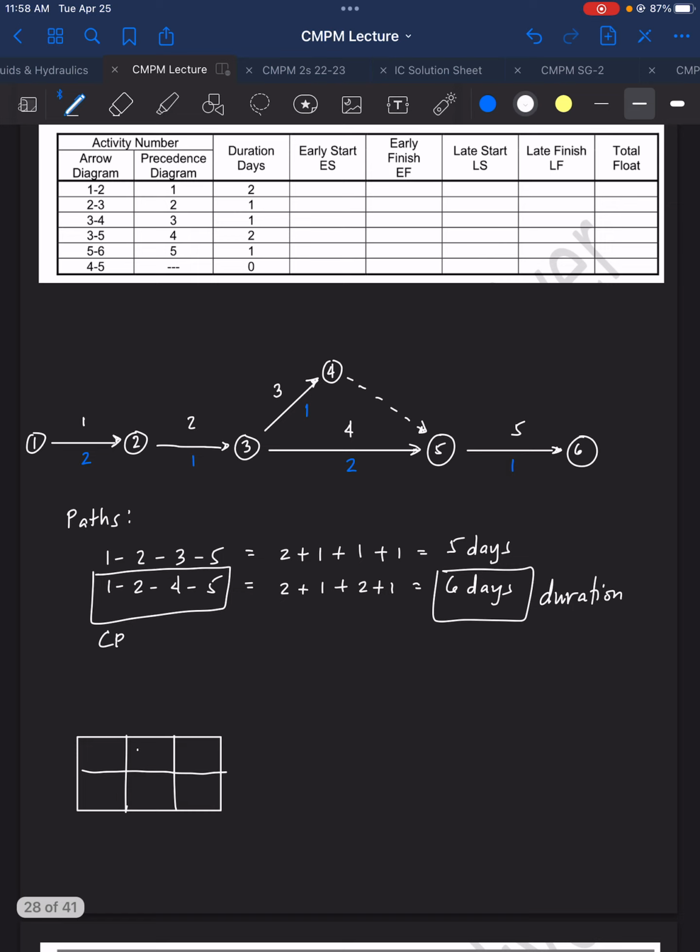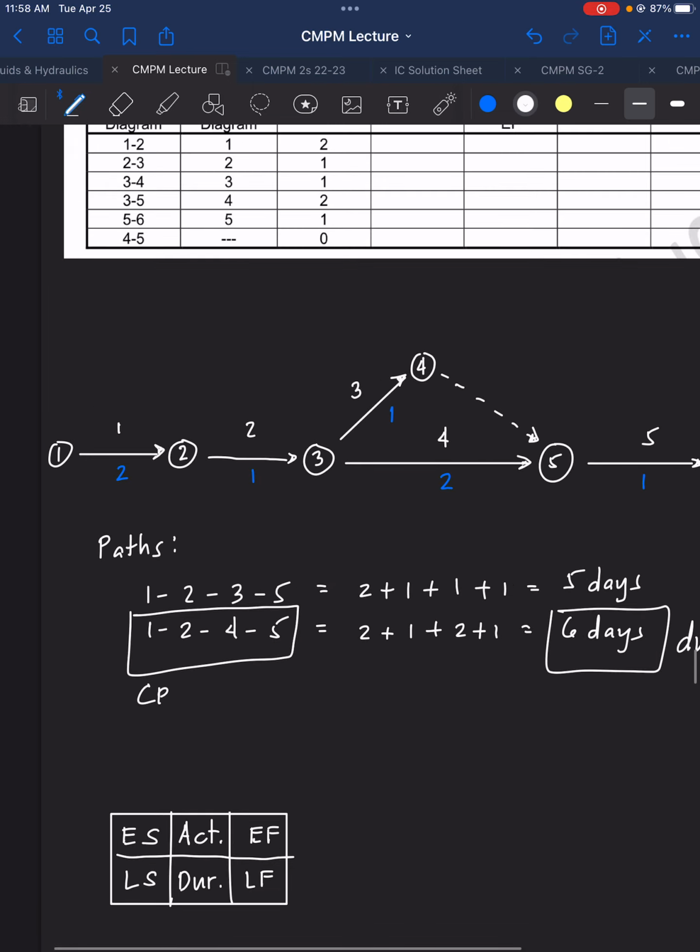Here we have the activity, then the duration, then the earliest start, and the early finish. This is your latest start, and then latest finish. So this is our orientation.